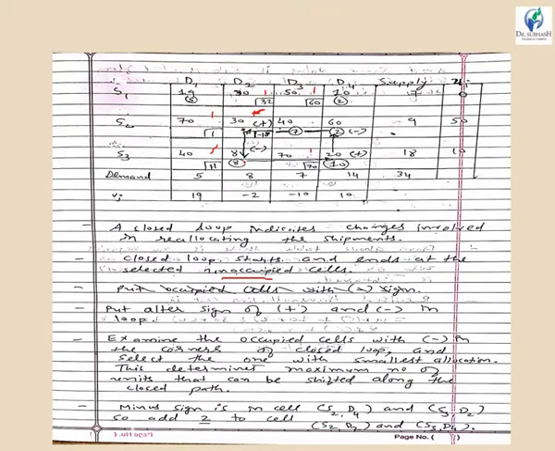Now what are the other rules? You can only take a right hand turn when there is an occupied cell over there. So you can see over here, the right angle turn is taken where there is an occupied cell.